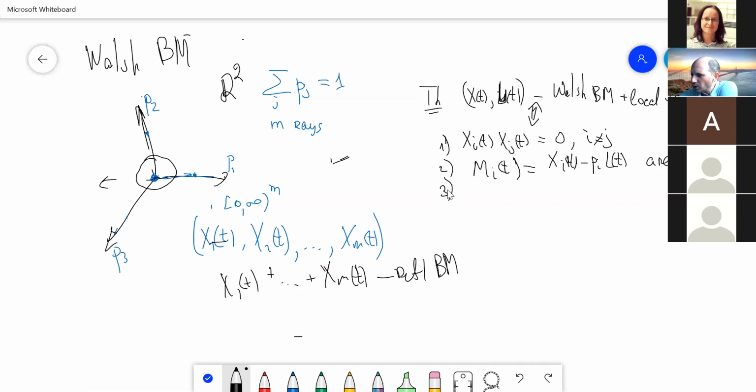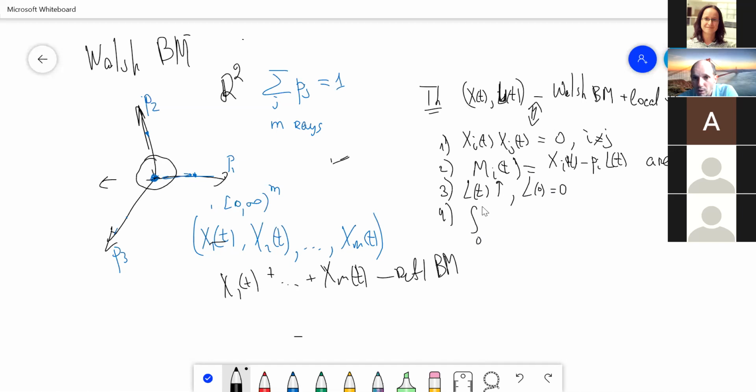The third assumption: L(t) is a non-decreasing process, and L(0) is 0. And the fourth assumption is that the process L(t) may increase only when the process X visits 0.